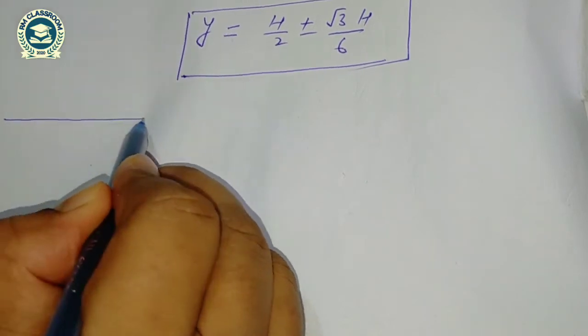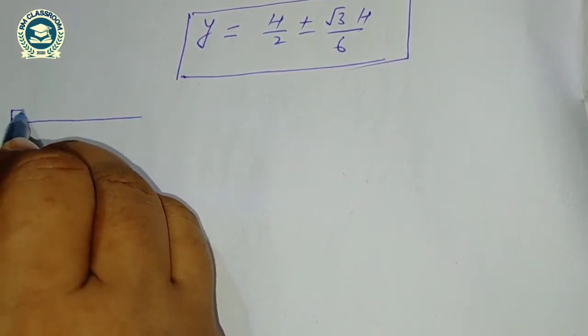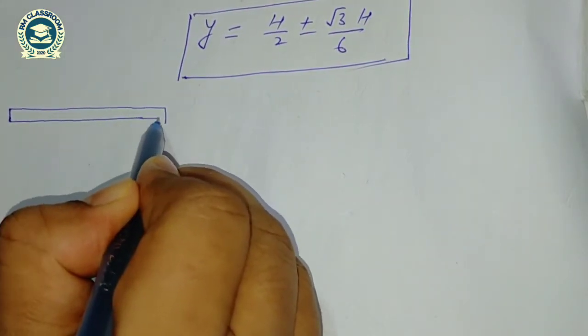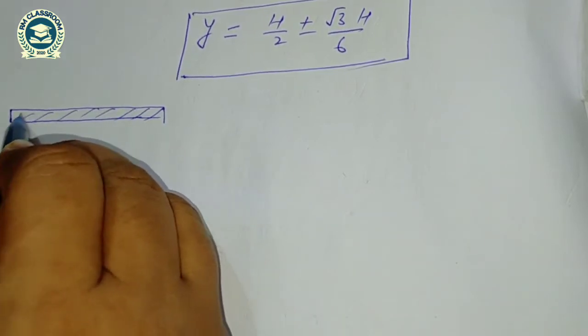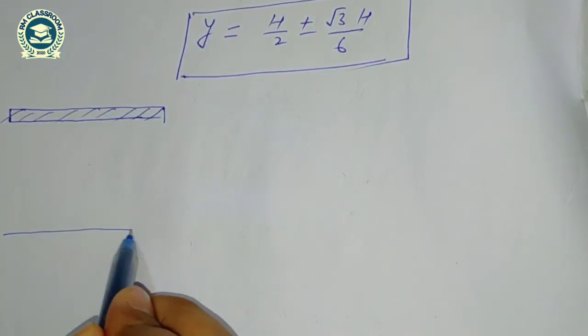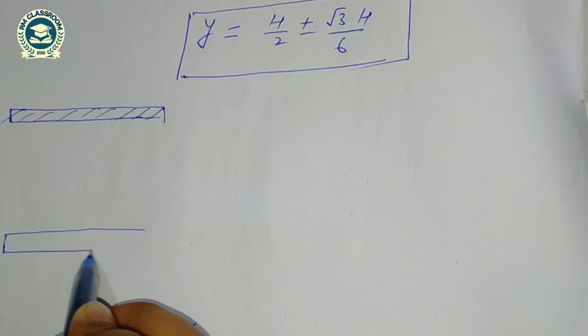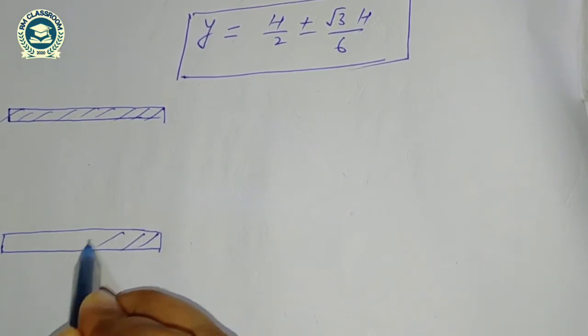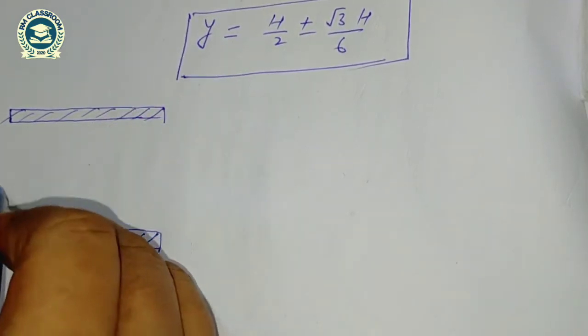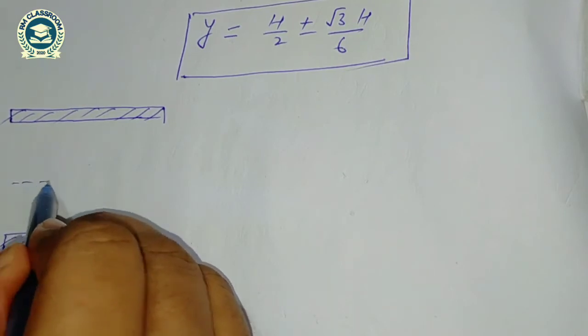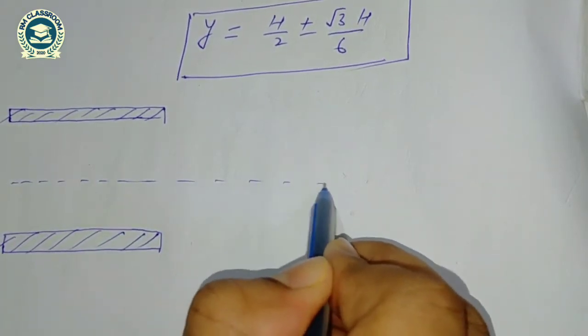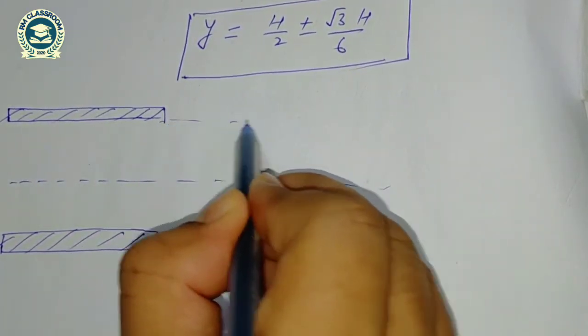So if I take two stationary parallel plates, this is the first plate. Remember in mind that both plates are stationary and this is a distance of h meter apart.